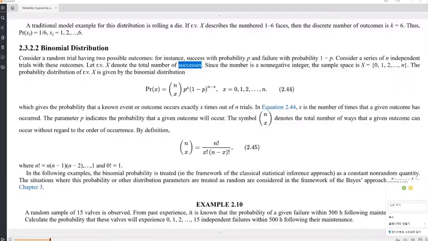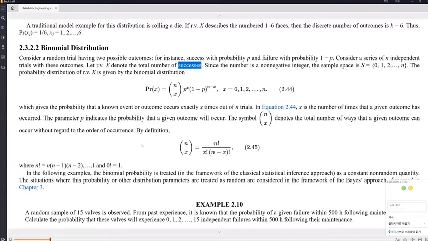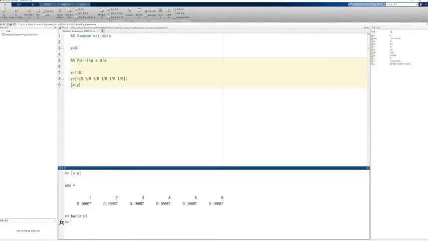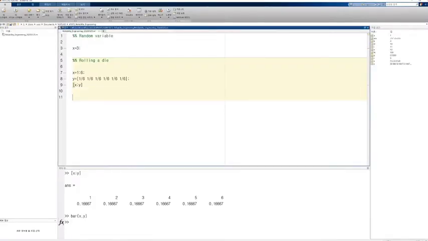So let's go back to our textbook, and let me show you one example for that. Binomial distribution. So we need to have a probability.